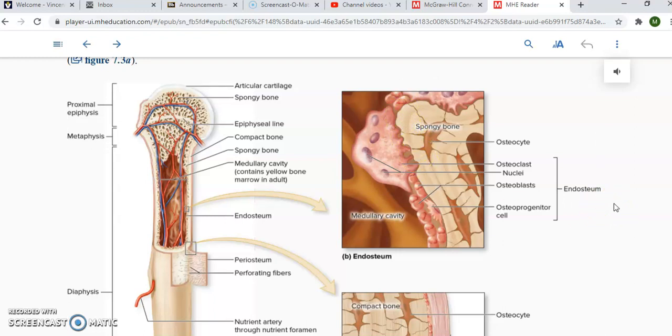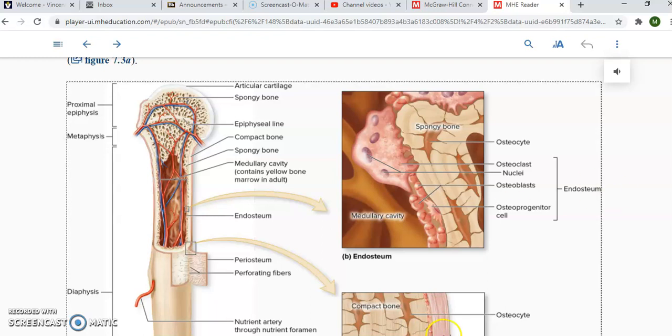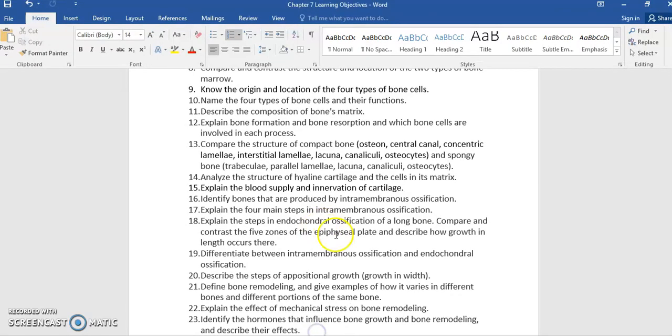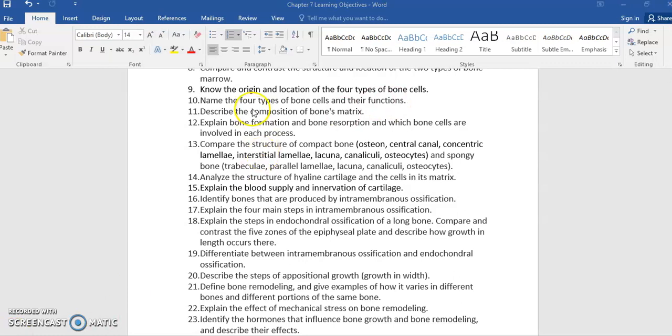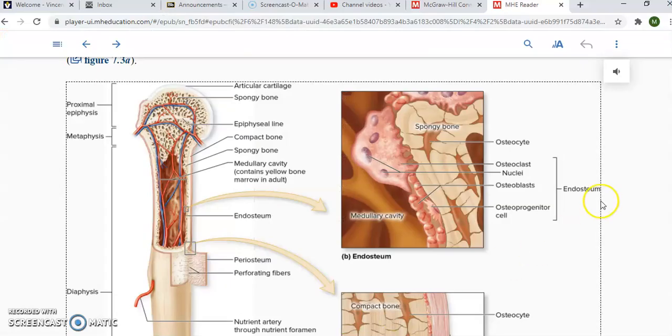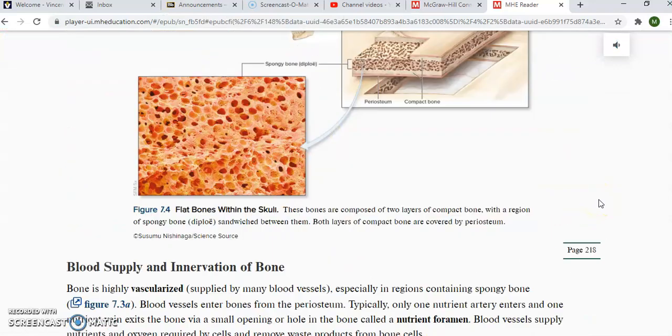All right, so let me go back to our objectives. So we talked about the origin and location of the 4 types of bone cells, and we talked about their functions in this video. So the next thing that we'll do, if we have time here, is talk about the composition of bone's matrix. I already did that anyway, so I'm going to slide down here to the bottom.